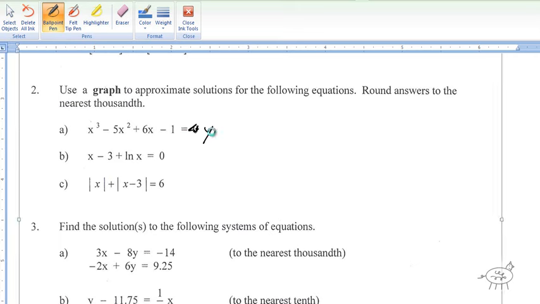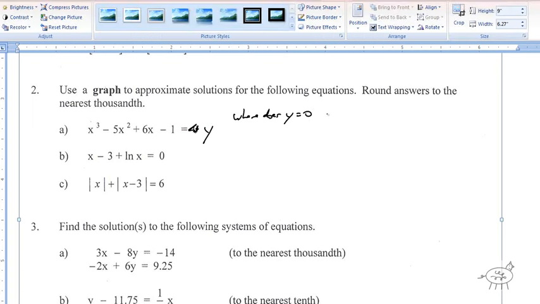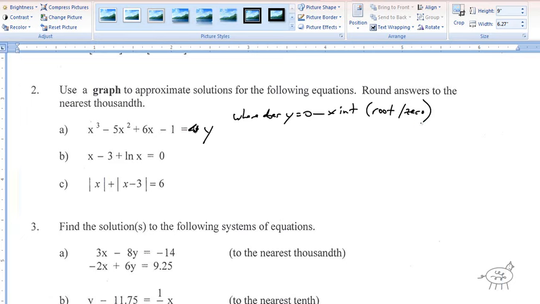So y equals that function, and what I'm trying to see is where y equals 0. Isn't that what a zero is? That's an x-intercept, or we call that a root, or a zero. That's how you solve these problems: you just graph this.